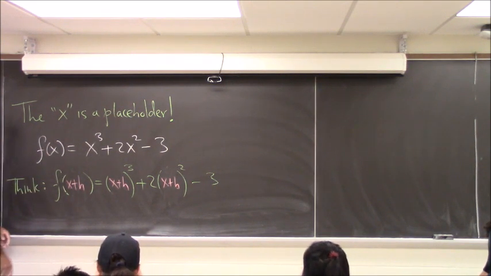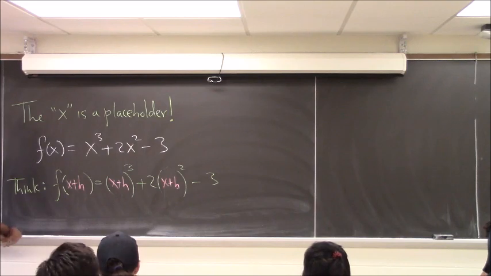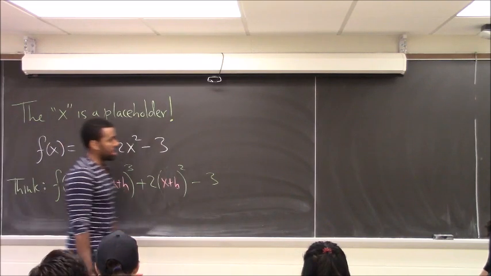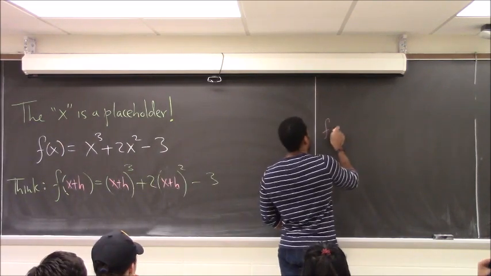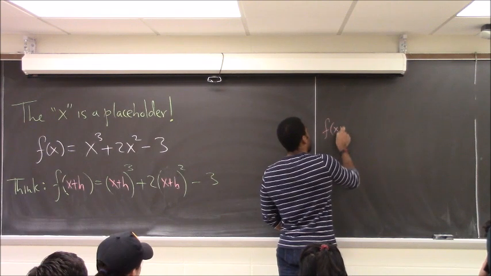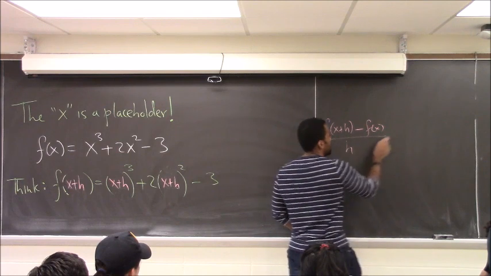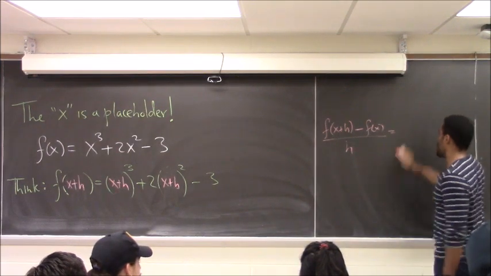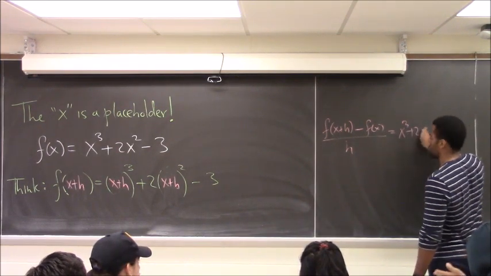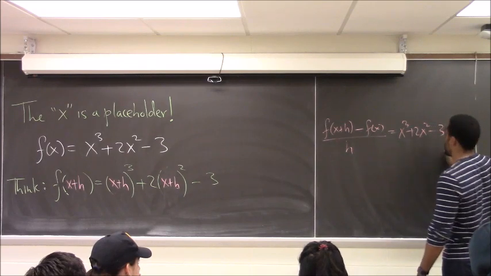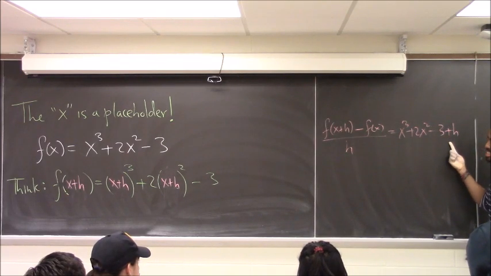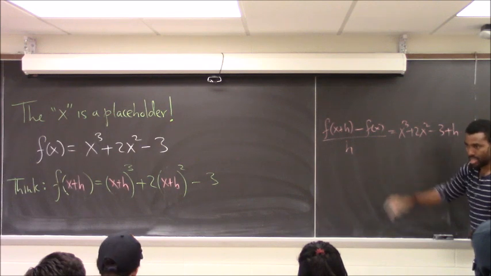Okay? And it's a very common mistake. It happens all the time whenever we're computing a difference quotient. So I ask for f of x plus h minus f of x all over h. It is very common for someone to tell me, oh, this is x cubed plus 2x squared minus 3 plus h. And they do that because they don't understand that idea.